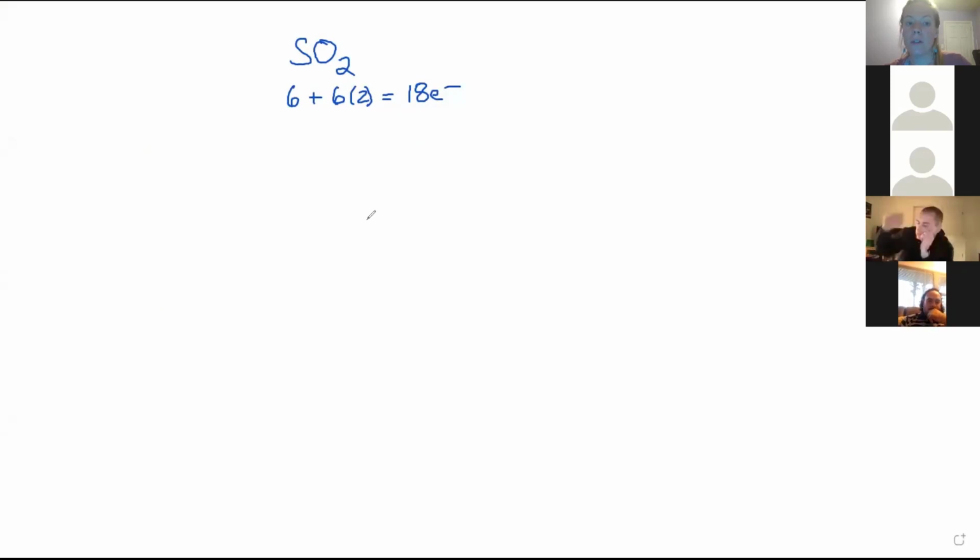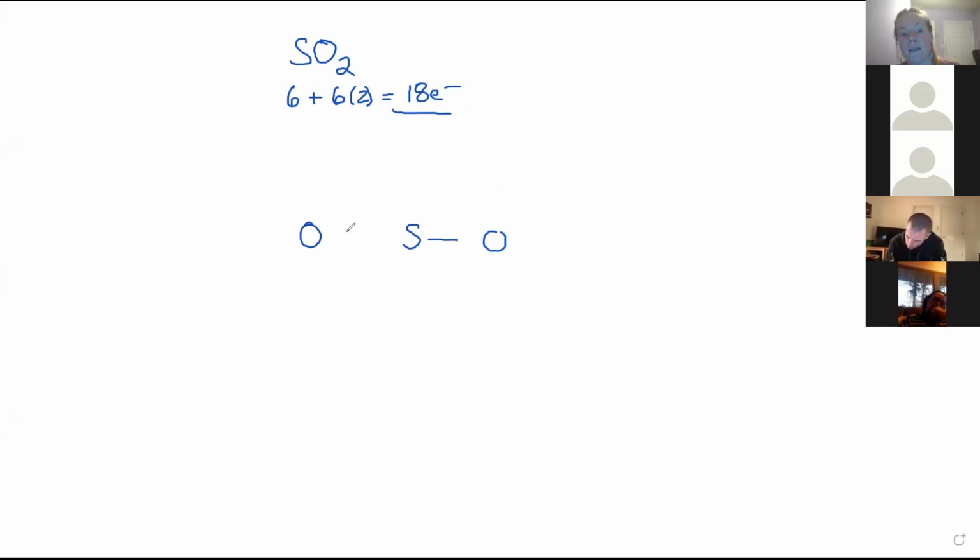I am going to make my skeletal structure. Sulfur is going to go in the center and oxygen is going to go on the sides. Anyone have questions on that? You feel like that's kind of what you would do? We've got a balanced skeletal structure and we counted up our valence electrons. We're going to follow the same system of sticking it together and then making the outer guys happy.